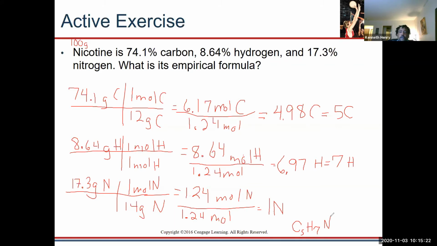So typically, when you're writing the empirical formula of a covalent compound, carbon, if it has carbon in it, always goes first. So you'll have carbon, and then hydrogen, and then everything else goes in terms of the electronegativity. Whoever has the strongest electronegativity would always be at the end.